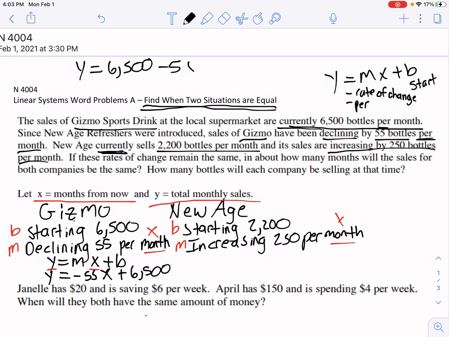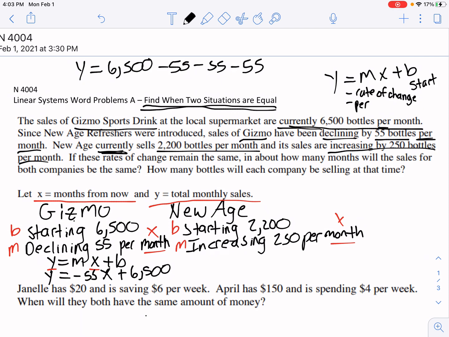Whoops, forgot my 5. The reason I want to point this out to you is that what this is really saying is that I start with 6,500. A month passes, I subtract 55. Another month passes, I subtract another 55. Another month passes, I subtract another 55, and so on.